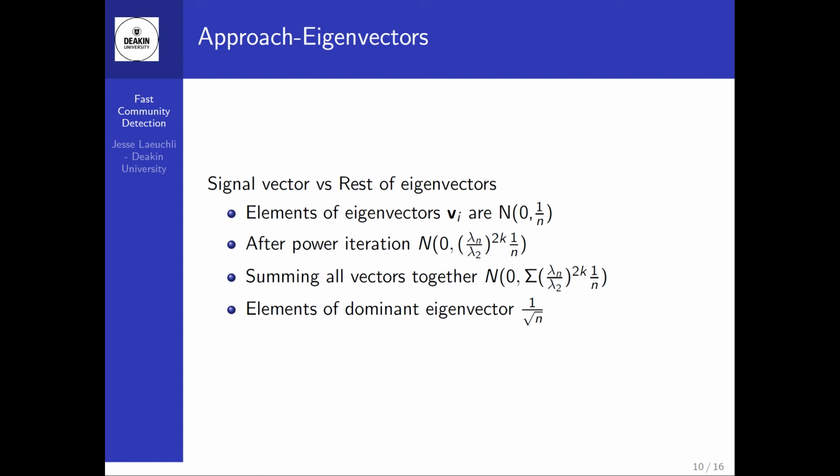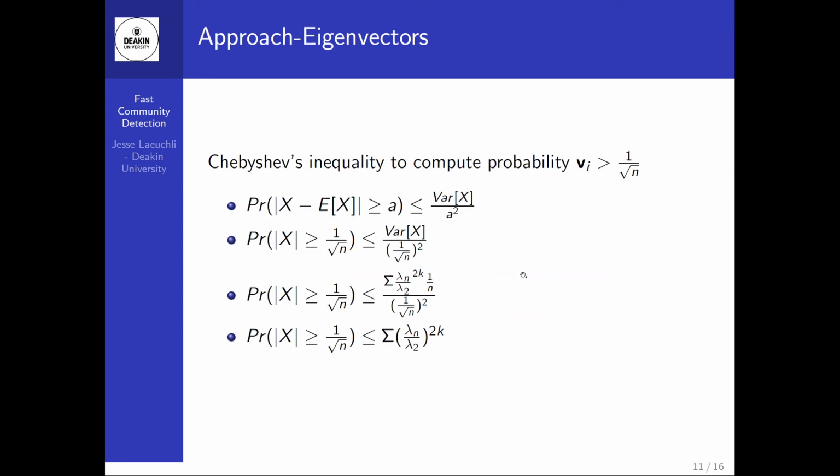So remember, we recovered the parameters of our community. We can plug that into the theory and get the distribution of the spectrum. So we know the contribution from the random elements is distributed according to this normal variable. Then we just apply Chebyshev's inequality, and that will tell us when the summation of the random eigenvectors is going to be smaller than the actual size of the signal that we're interested in. That's going to be after a certain number k of iterations.